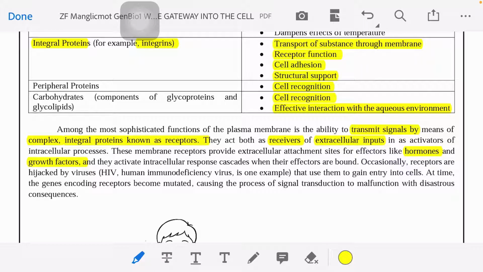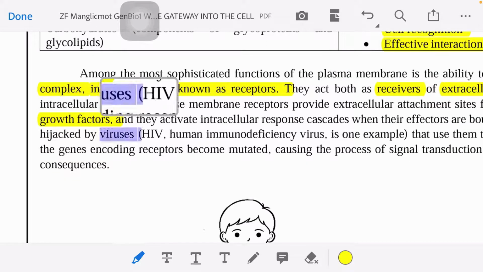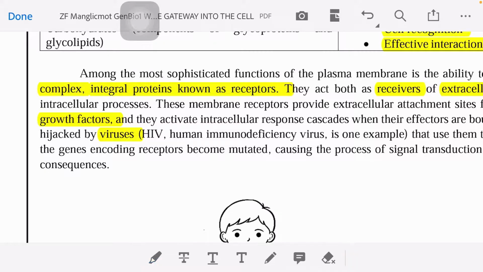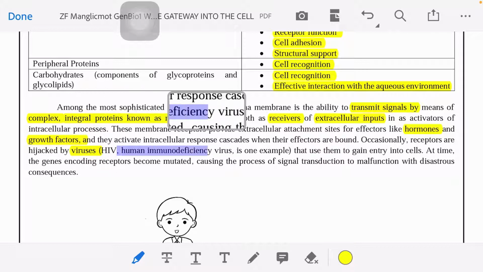Occasionally, receptors are hijacked by viruses, for example HIV, that use them to gain entry into the cell.